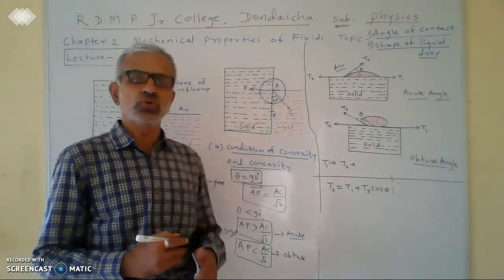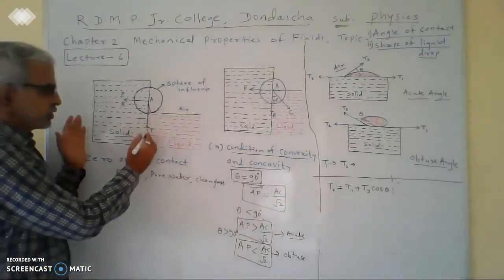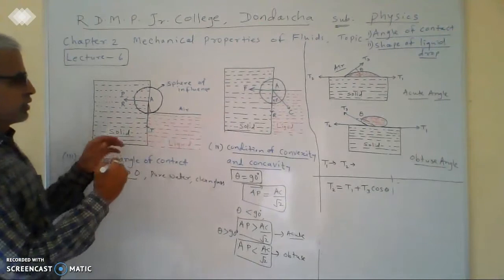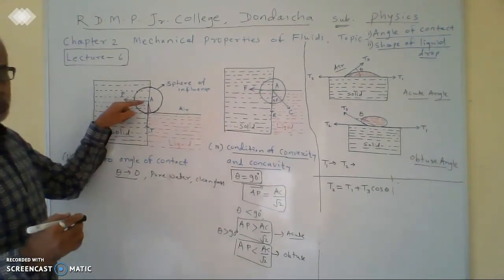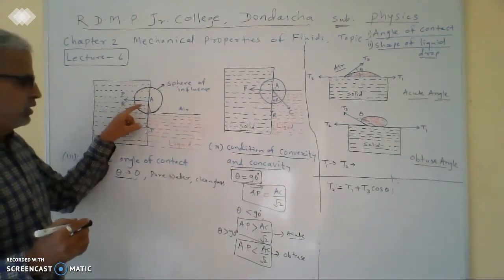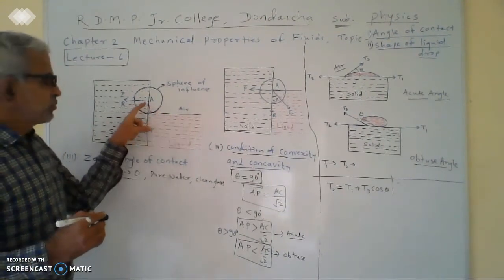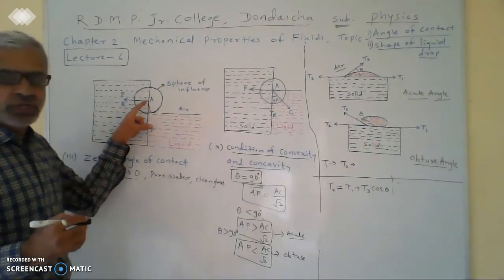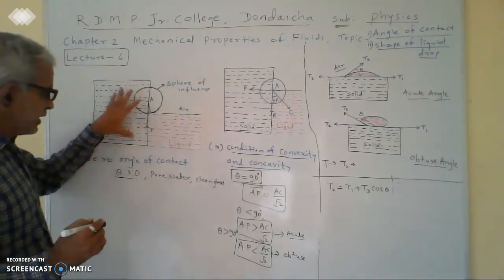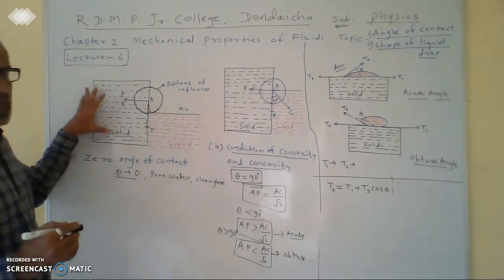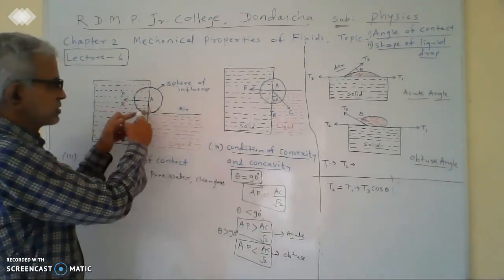So in this first figure, a molecule A of the liquid, liquid is shown by the red portion. Molecule A of the liquid on the surface in contact with this solid has the sphere of influence.